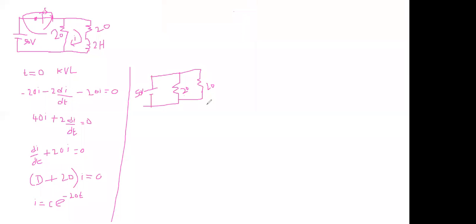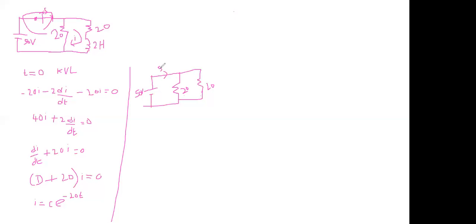So what is the current flowing through the inductor? The 20 and 20 in parallel give an equivalent resistance of 10. 50 by 10 is 5 ampere. This current is 5 ampere.